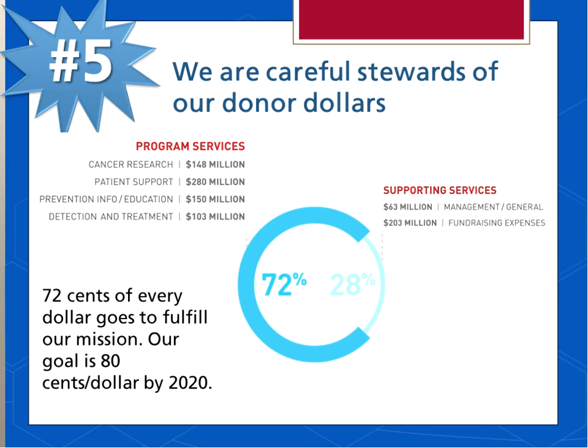The rest, about 28 cents, fuels supporting services for our life-saving work to manage and to fund all of those programs. And our administrative costs, they are in line with industry standards, which are set by the Better Business Bureau. Still, we can achieve better operational results, and our transformed unified structure will allow us that opportunity now.